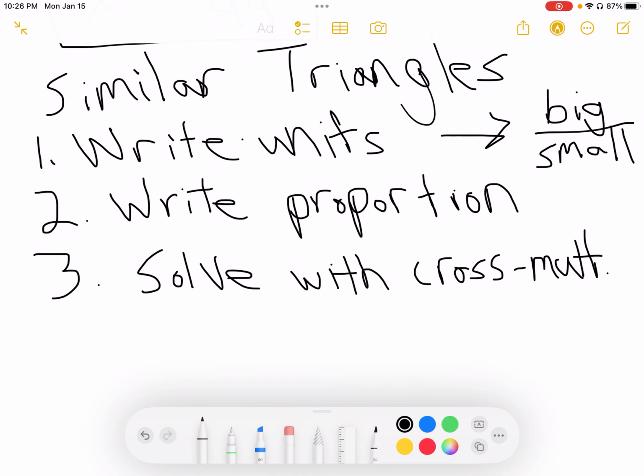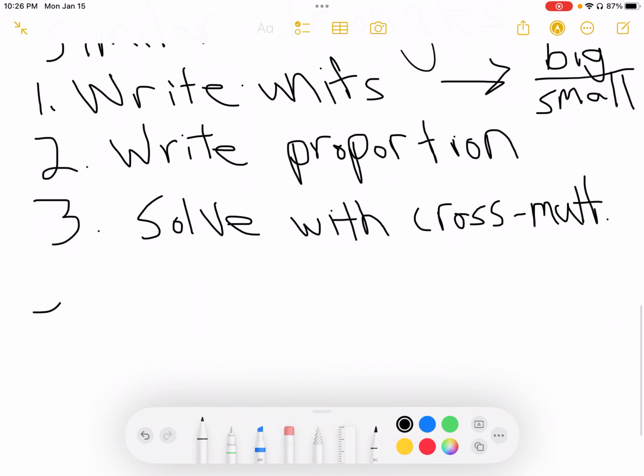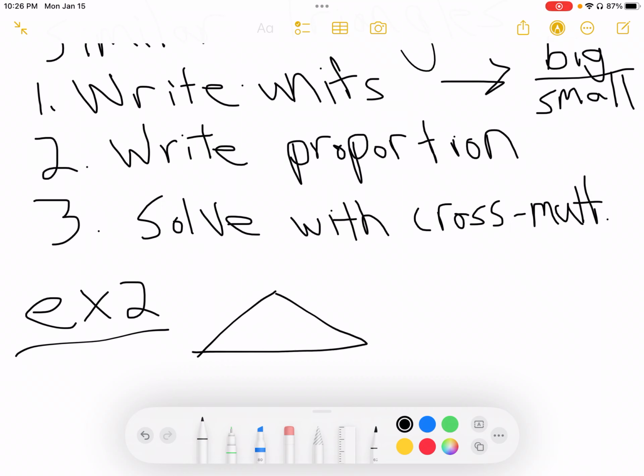Then our right proportion, I want to follow the same order. So for example 2, you'll see I have a couple triangles written there. I'll try to draw it as best I can, but you'll see it in the book as well. I have 2, and then I have 4, and then I have 5, and you see here I have these little things written in the corners with 2 tick marks, saying that this angle is equivalent.